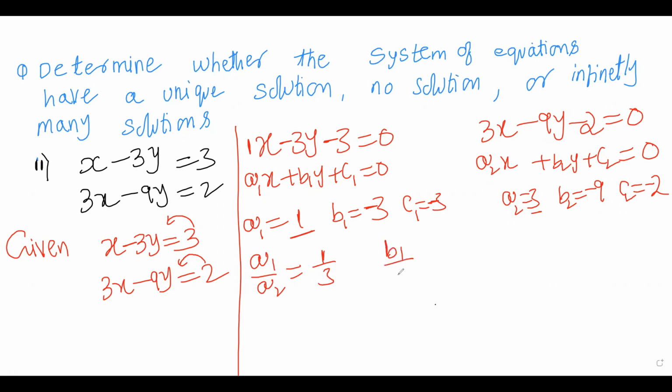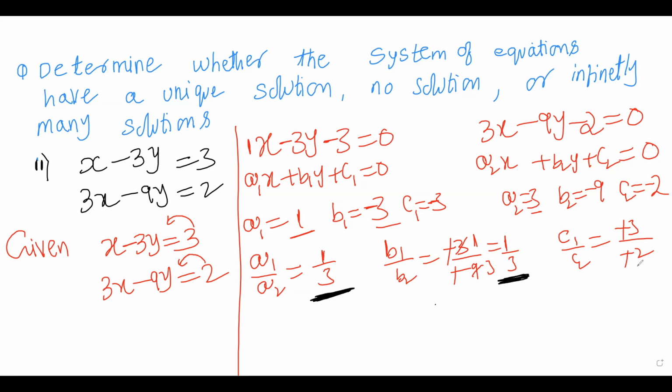What is B1 by B2? Minus 3 by minus 9. The minuses cancel. 3 ones are 3, 3 threes are 9. Again I am getting 1 by 3. What is C1 by C2? Minus 3 by minus 2. Both cancel, so 3 by 2. So you can notice that A1 by A2 is 1 by 3, B1 by B2 is 1 by 3, and C1 by C2 is 3 by 2.